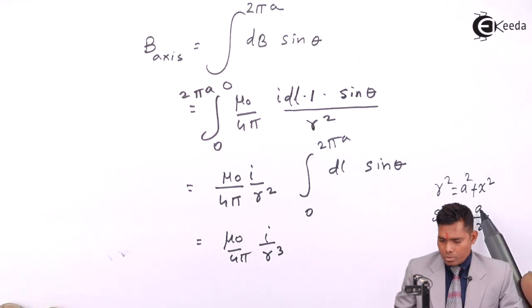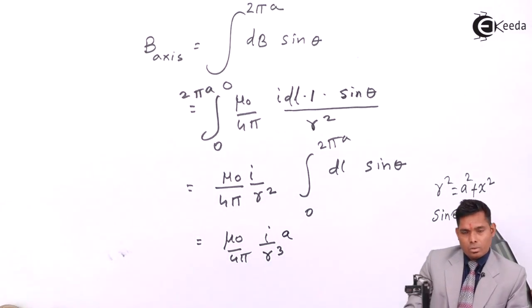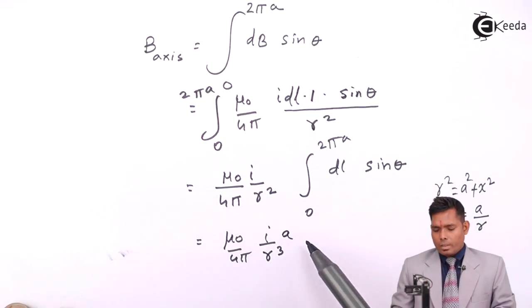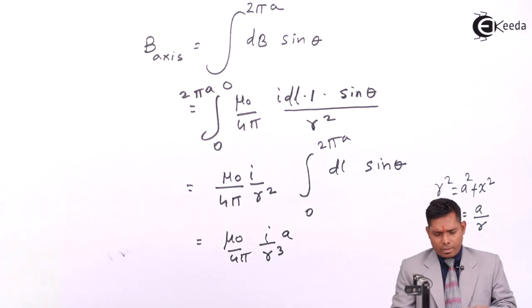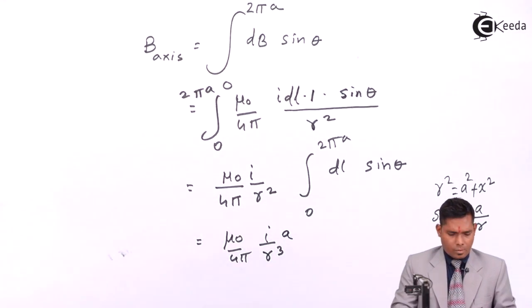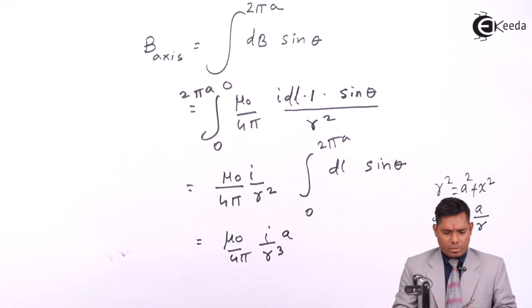A remains outside, because A is also constant. A is the radius of the coil and can be taken out, R is also taken out, and sine theta itself is a constant. When changing elements, this theta will remain the same with respect to the axis. This angle is not going to change. You can see here, this is the point, this is the axis. The axis has to rotate like this only. So this angle is not going to change.